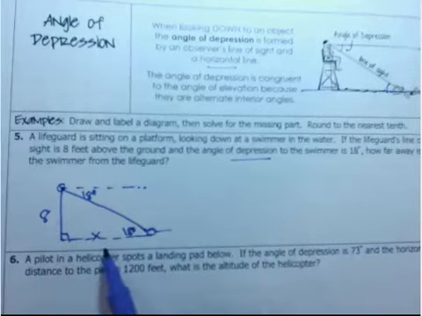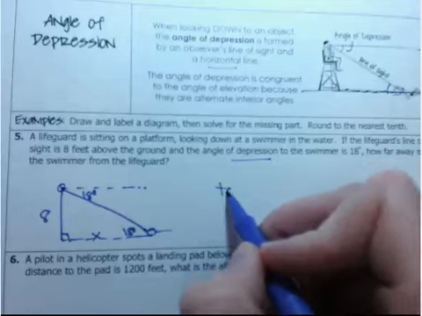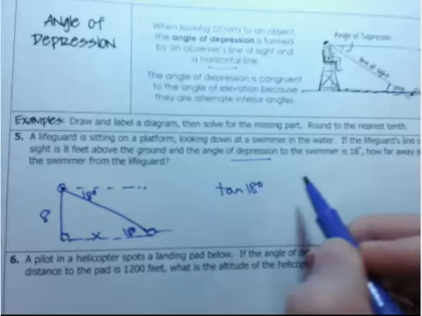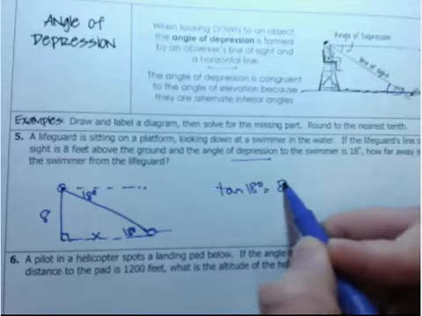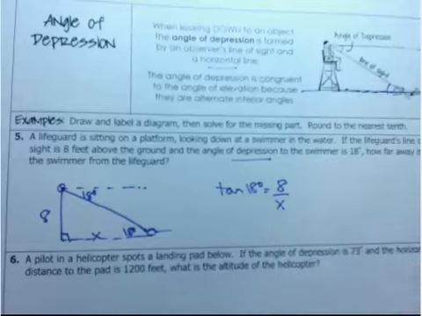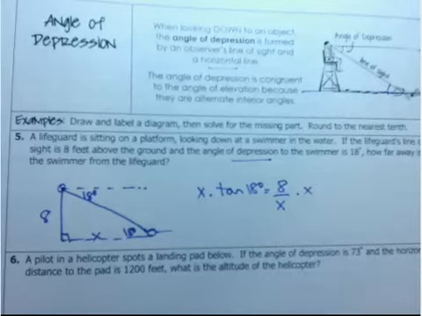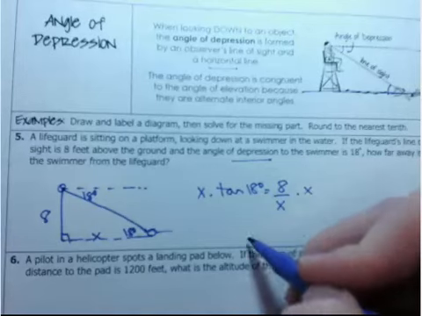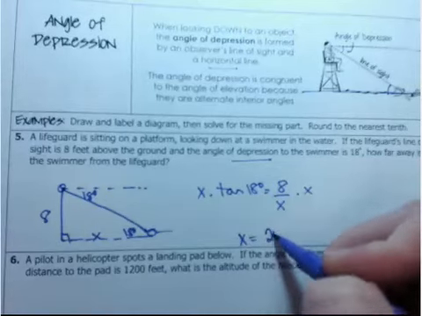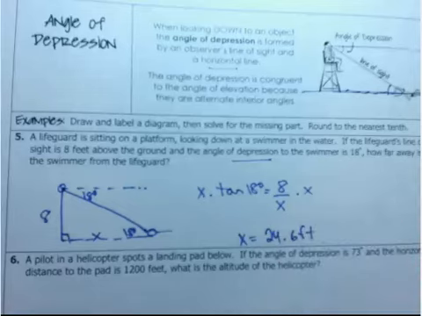So we've got opposite over adjacent, which is going to be tangent again. So tangent 18 degrees is equal to 8 over x. We're going to solve for x by multiplying both sides by x. Just take a second and finish that, and your answer should be x is equal to 24.6 feet.